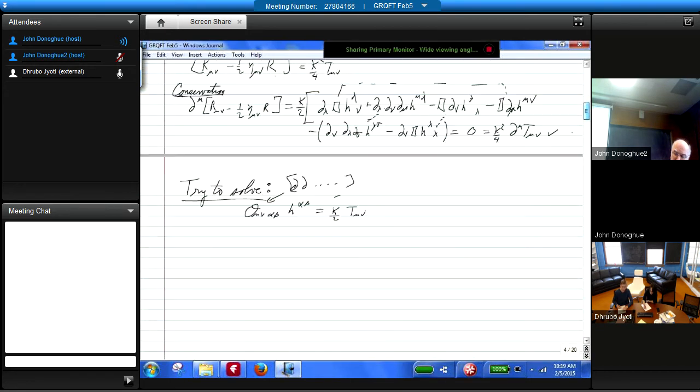So the way you would try to solve this is you would look for a Green's function.